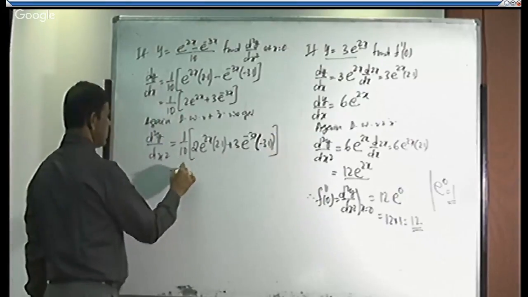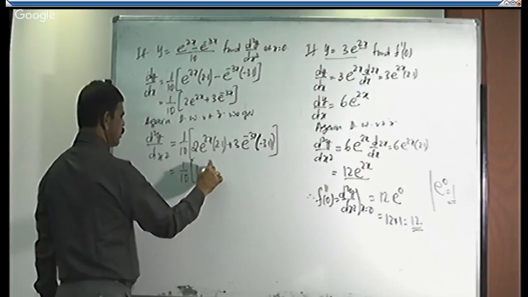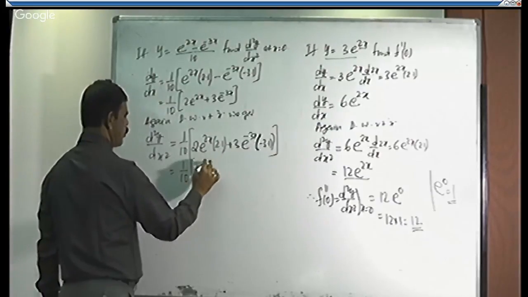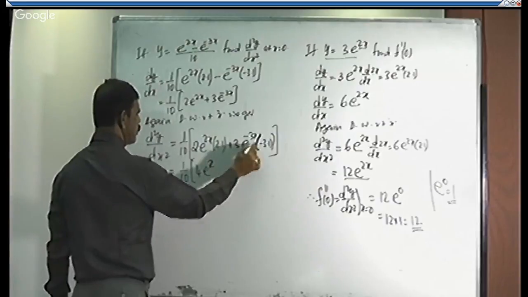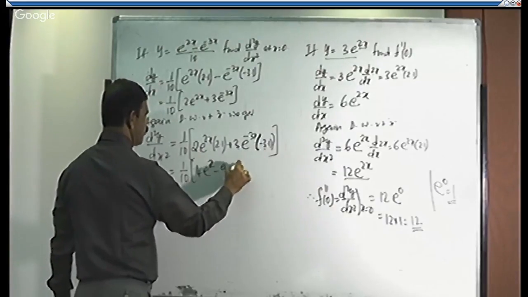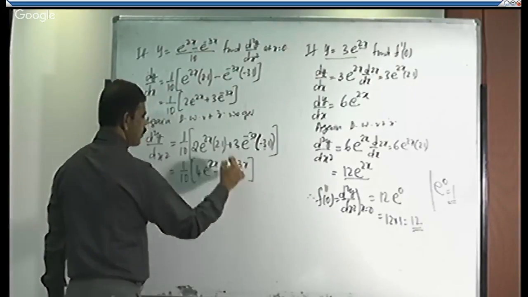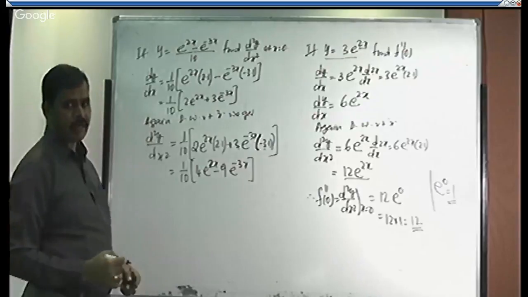So it is equal to 1 by 10 into 2 into 2, 4 e power 2x, plus minus 3 into 3, 9 e power minus 3x. We got the second order derivative.